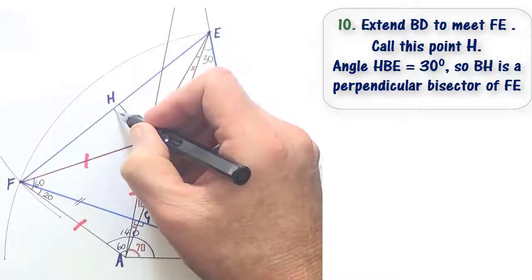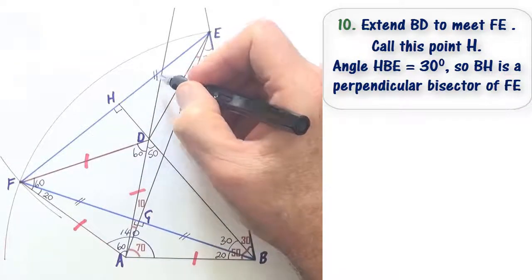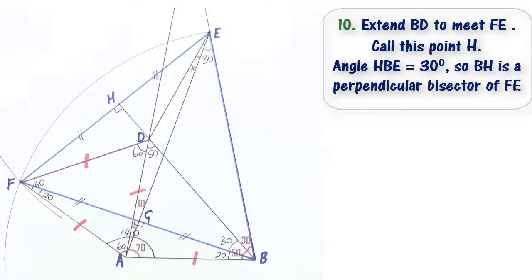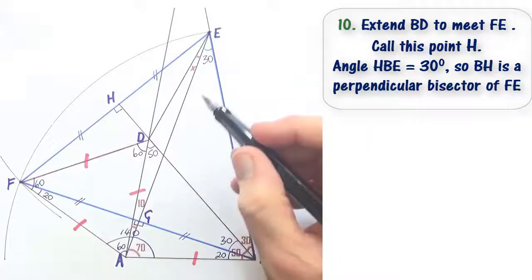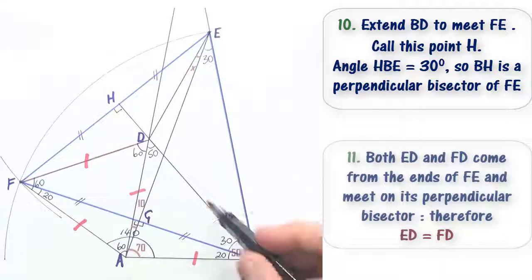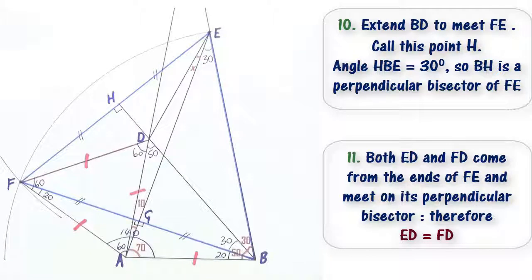So this line becomes a perpendicular bisector of FE, meeting it at right angles and bisecting its length. Now look at the two lines FD and ED. They both come from the ends of that line and meet on the perpendicular bisector. By the perpendicular bisector theorem, those two lines are the same length.